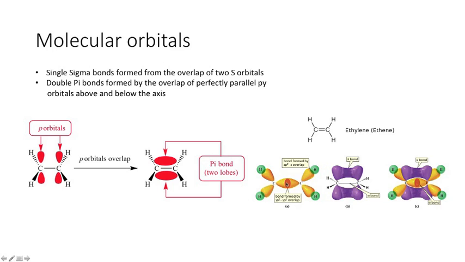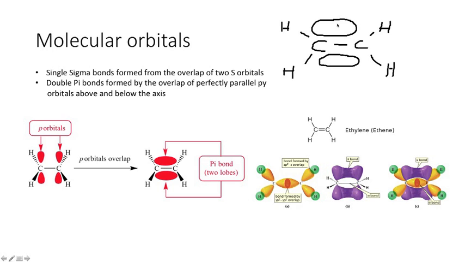Here is the overlap of the two orbitals, and then you have pi bonds formed by overlap of the other orbitals, which form a double bond over here, across and below the axis. And that can be represented in many different ways. So if this is a badly drawn model, you see here is the sigma bond, and here are the two pi bonds.